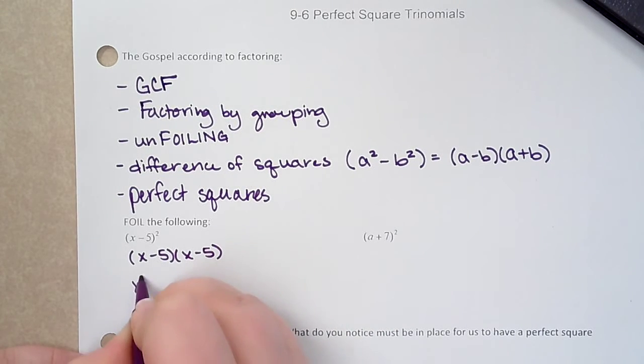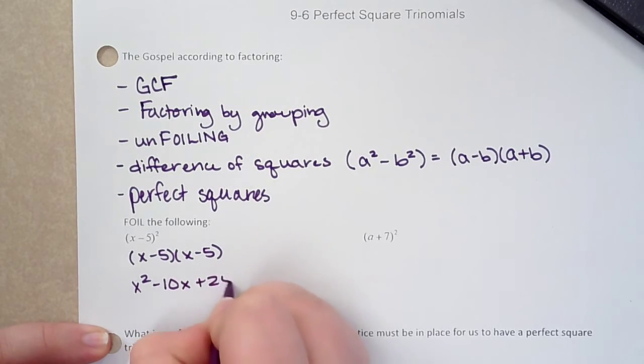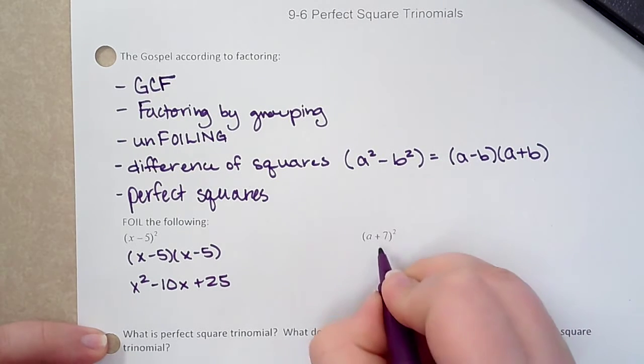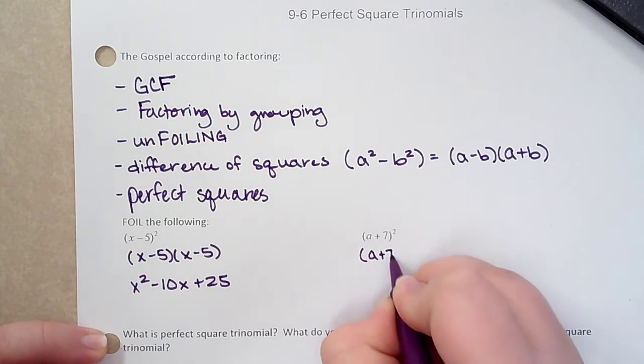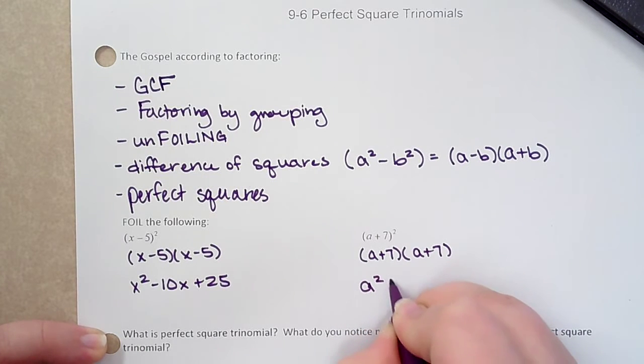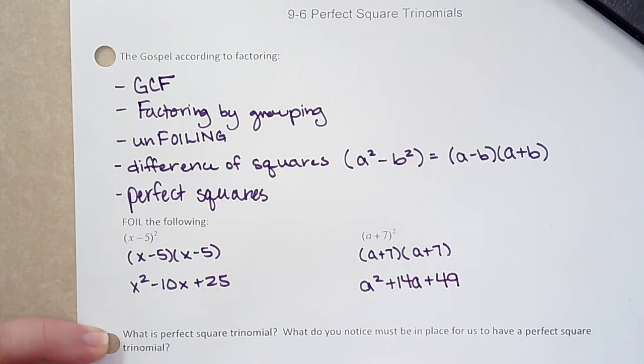When I FOIL this out, I get x squared minus 10x plus 25. Let's look at the other side. When we have a plus 7 times a plus 7, we get a squared plus 14a plus 49.